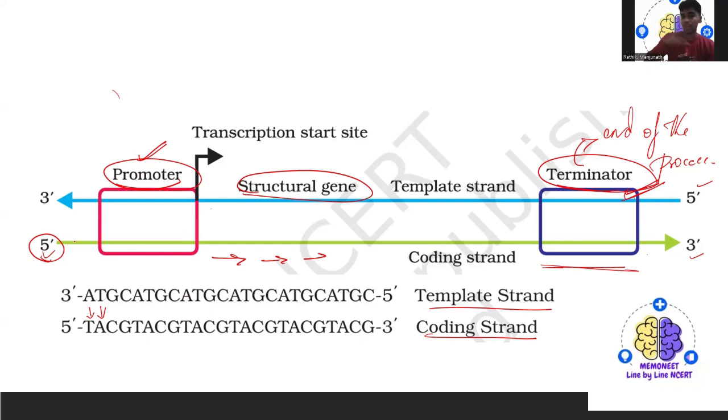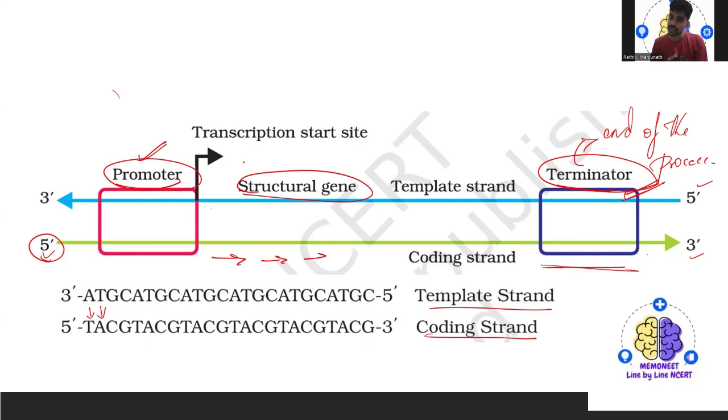So what happens? You have a strand of DNA and you want to synthesize an RNA. Once the synthesis is over, it will reach the terminator, which is going to stop the synthesis. If you want to synthesize more, additional regulators will also be present. That is about the transcriptional unit, how exactly transcription takes place.